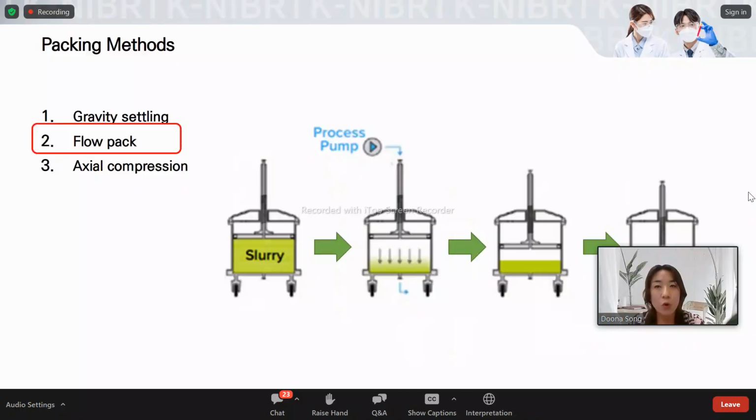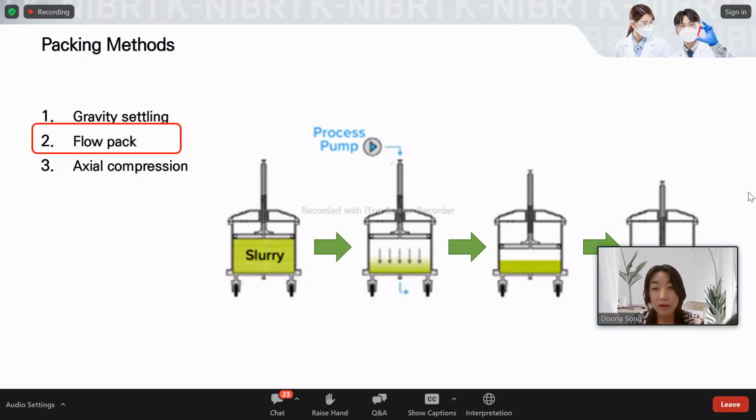In the case of flow packing, first transfer the slurry to the column using a pump or suction. During this process, be careful not to damage the resin. Resin is very fragile.